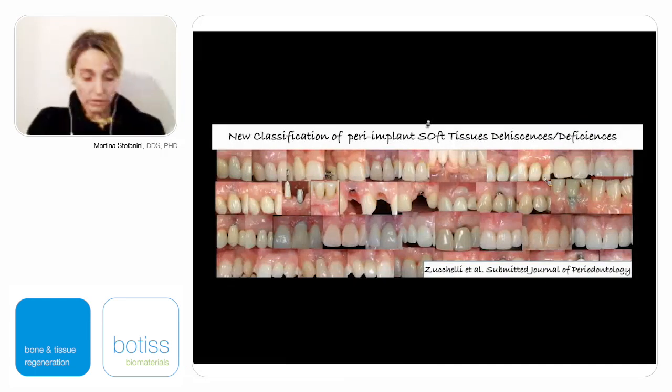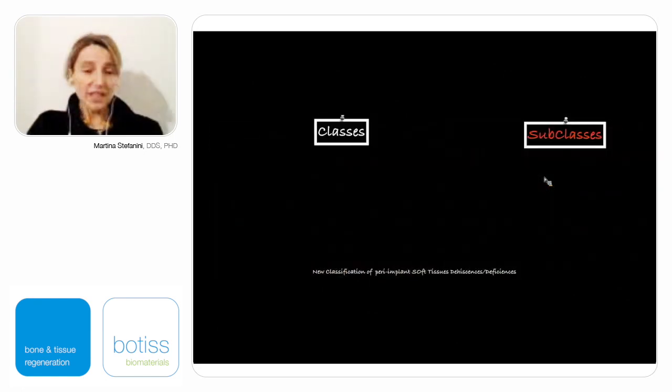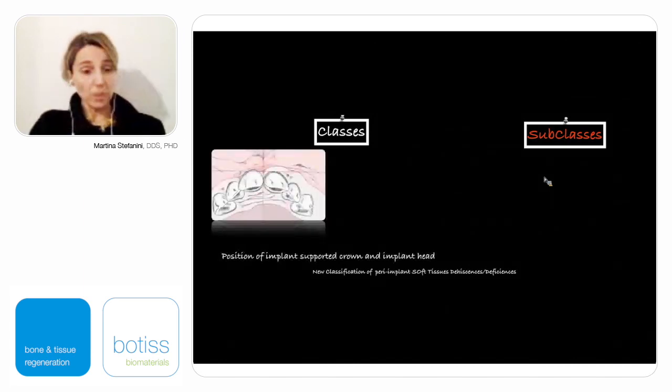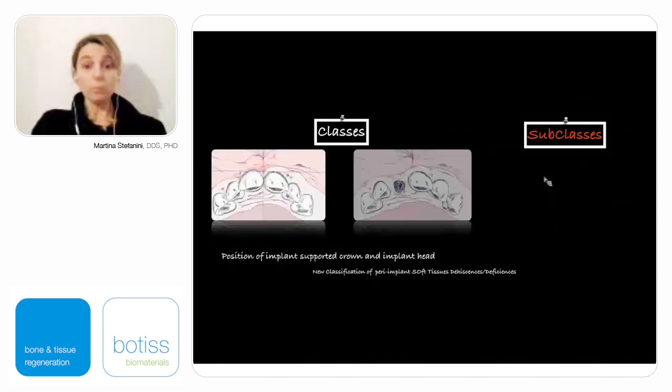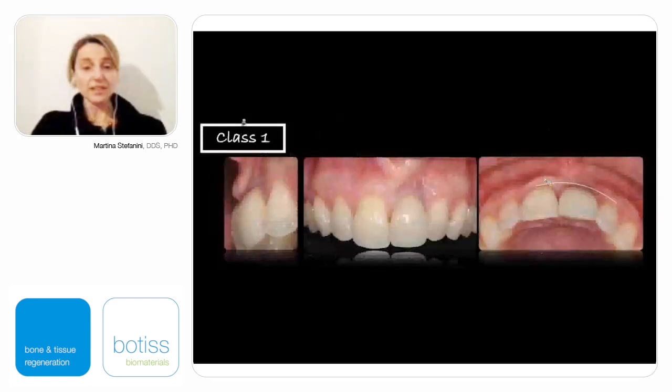And what about implants? In the treatment of implants, we recently submitted a new classification that is based on the position of the implant supported crown and the implant head, and on the papilla dimension, mesial and distal to the implant supported crown. In this classification, we have 4 classes.